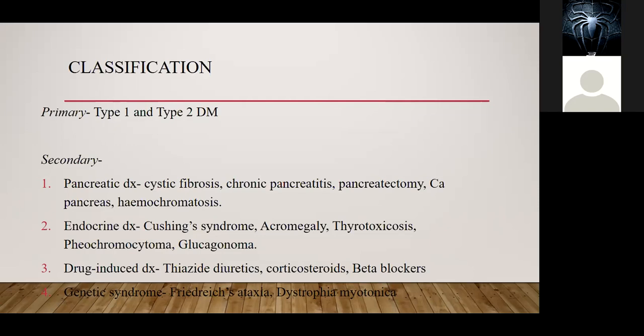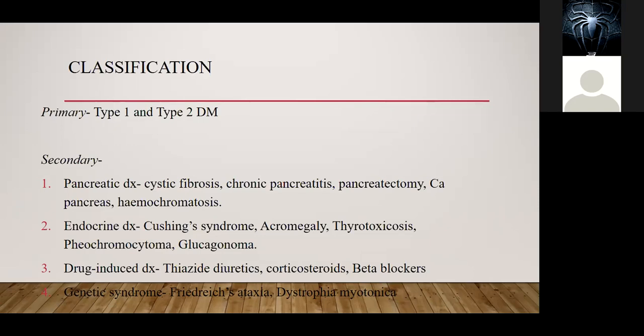So clearly you can see that both type 1 and type 2 have something to do with insulin. Either insulin is not being produced or insulin is produced, but its function is impaired due to resistance. Secondary diabetes will look at other things not directly related to insulin.